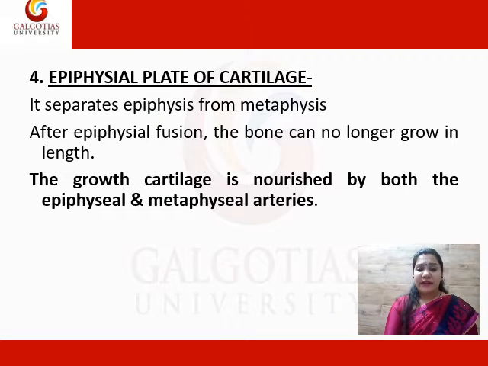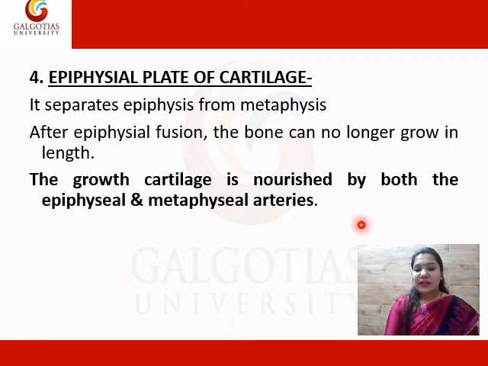Then the epiphyseal plate cartilage. It separates the epiphysis from the metaphysis. So it is present in between the epiphysis and metaphysis. After epiphyseal fusion, the bone can no longer grow in length. That's why it is present only in young ones. This epiphyseal cartilage, or the epiphyseal plate, is responsible for growth in young children.